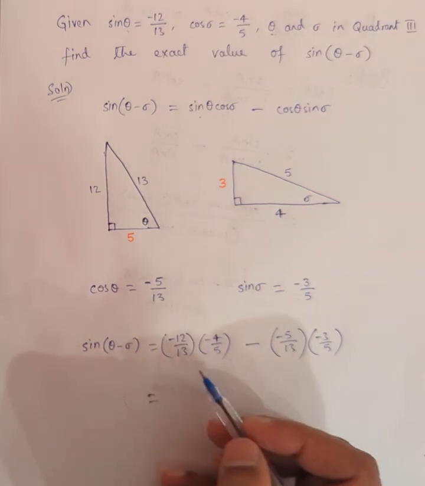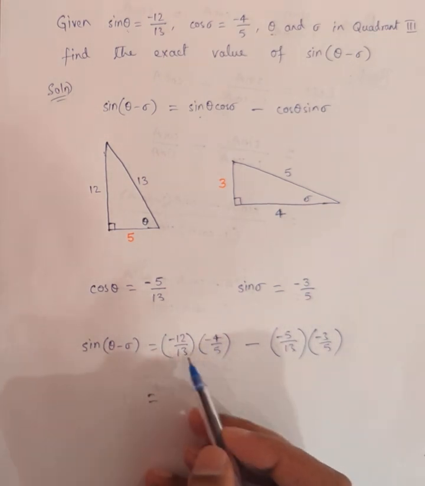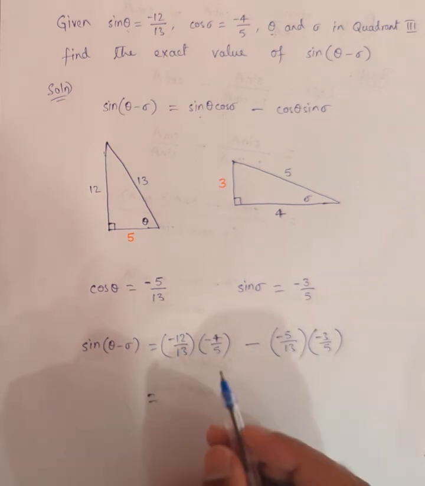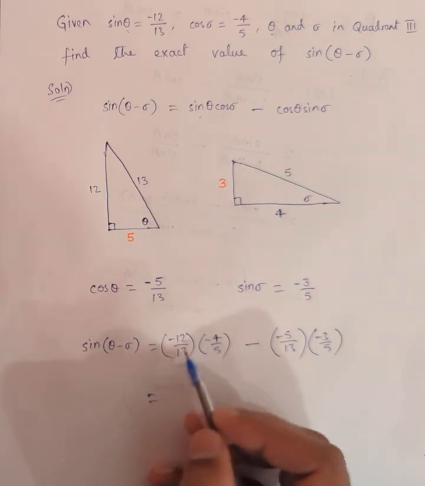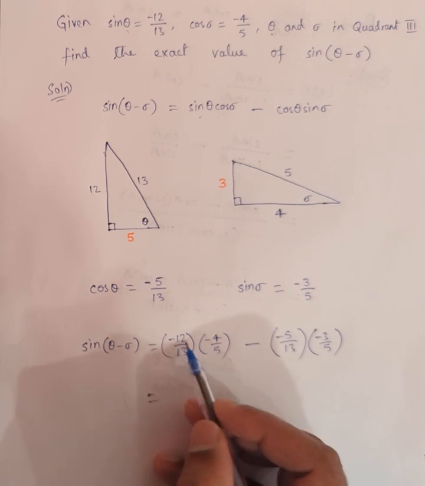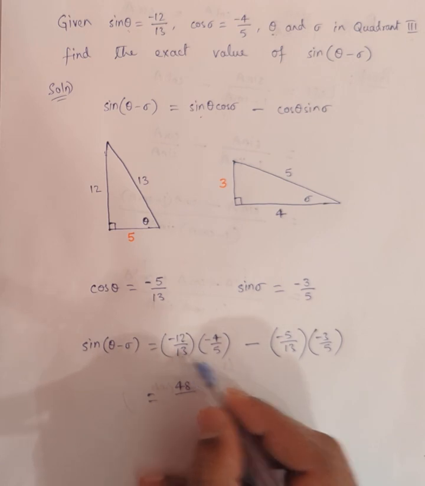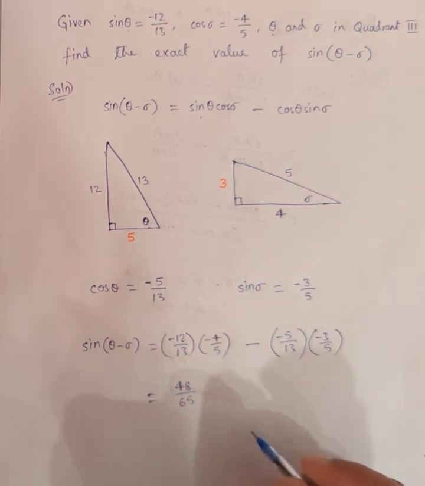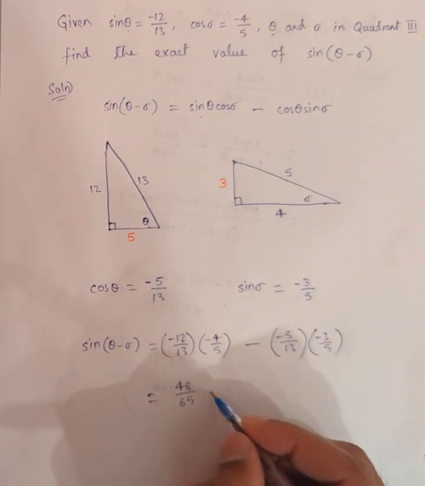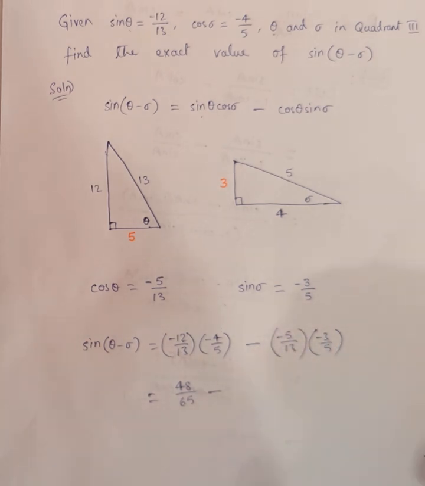So let's see if we can simplify this. We have to do the multiplications first. There are no cancellations here. Negative times negative is positive, but there's no common factor between numerator and denominator. So if we multiply, 12 times 4 is 48, over 13 times 5 is 65. And for the second term, negative times negative is positive.